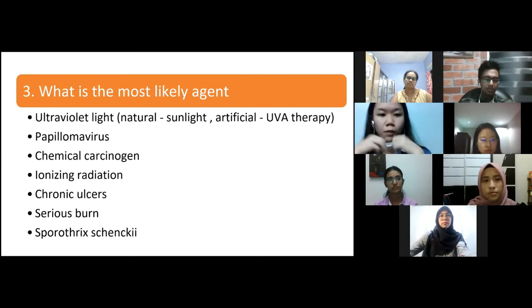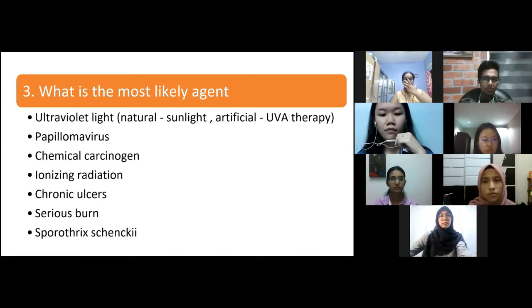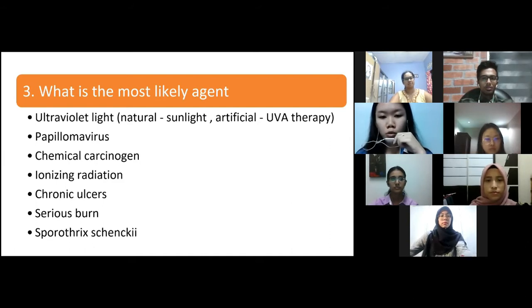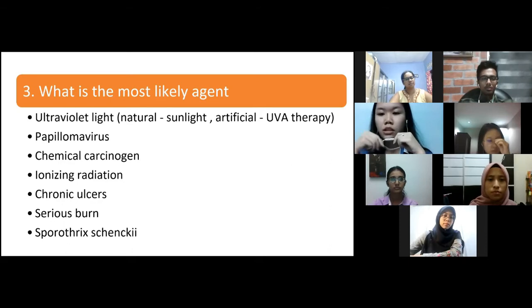The second one is the papilloma virus. Papilloma virus can easily infect an immunosuppressed host, because immunosuppression may contribute to carcinogenesis by reducing host surveillance and also increasing the susceptibility of keratinocytes in the skin to infection and transformation by the oncogenic virus. The oncogenic virus is the papilloma virus.